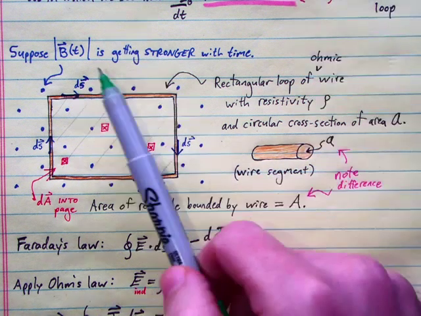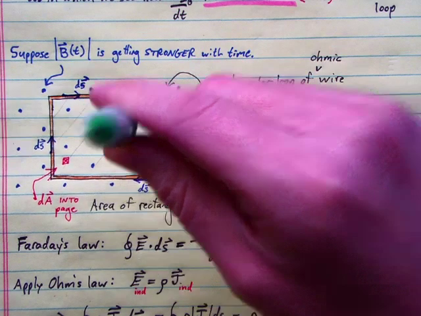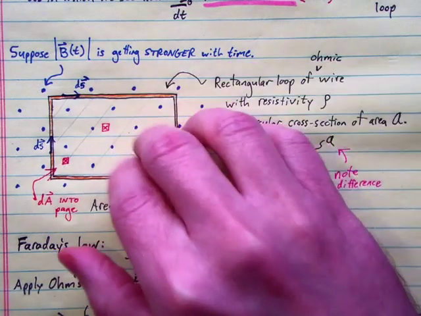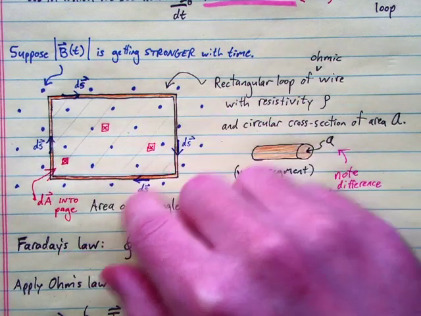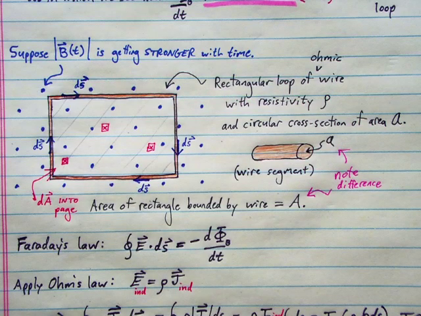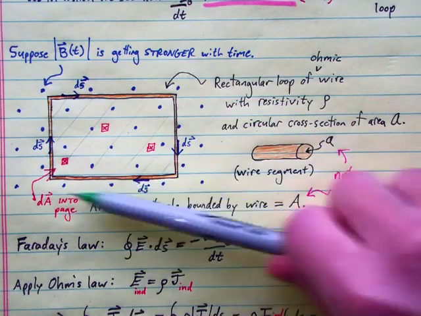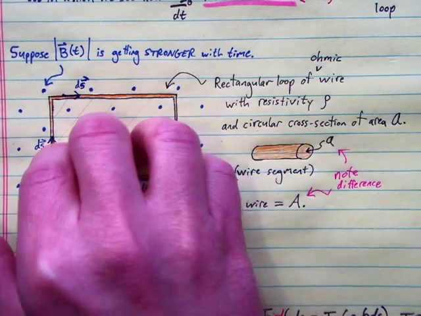If B is getting stronger with time, then we have a magnetic flux pointing out of the page and getting bigger. So we need to add flux into the page to counter that. That's our Lenz's law principle, the electromagnetic inertia of our system. We'll get that if we have a current running clockwise around this loop, adding magnetic flux inward.